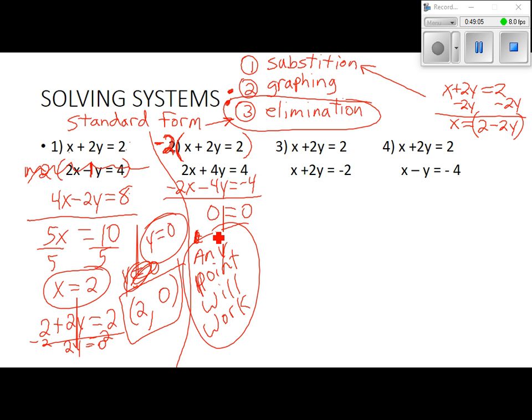What's that telling us about the two lines? They're the same line, they're on top of each other. So if I pick this point, do they intersect there? Yeah. So any point would work. If it comes out that way, that's the answer. Everything is a solution.